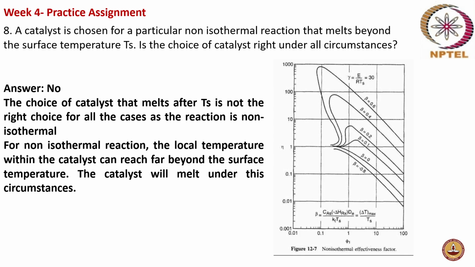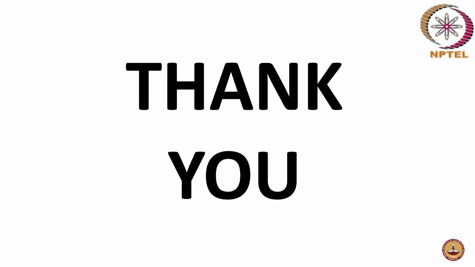That is, the temperature becomes uncontrollable and the whole system collapses. So this is the reason we have to choose the right catalyst, and we have to check these beta and gamma factors when it comes to non-isothermal reaction. So this is it for this week's practice assignment. Thank you.